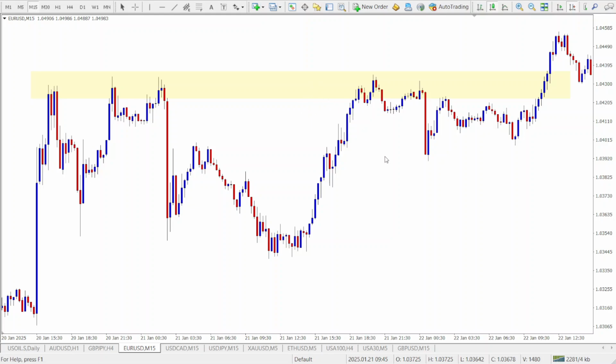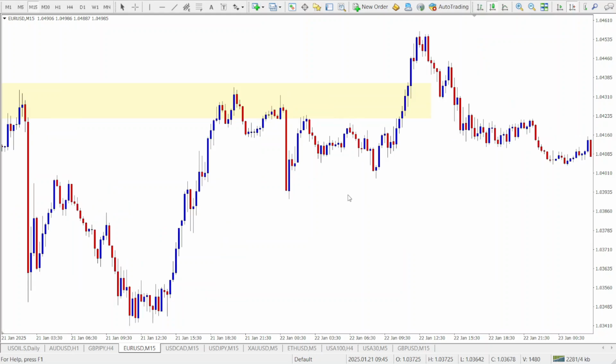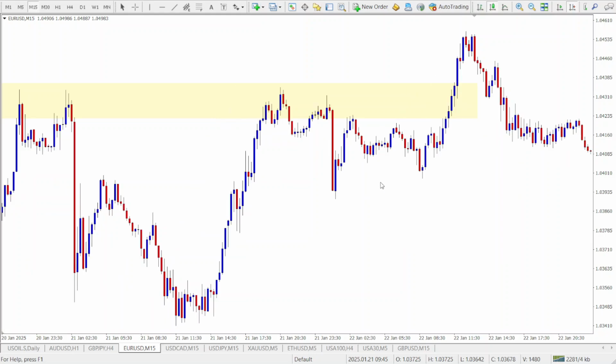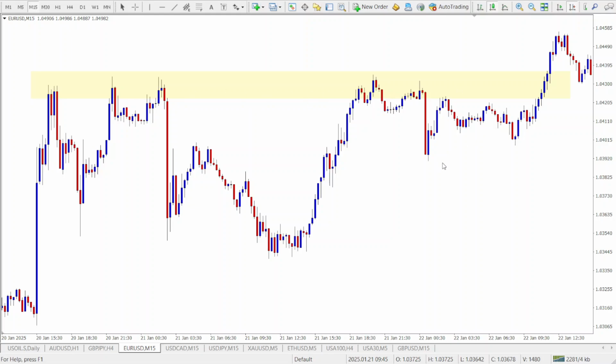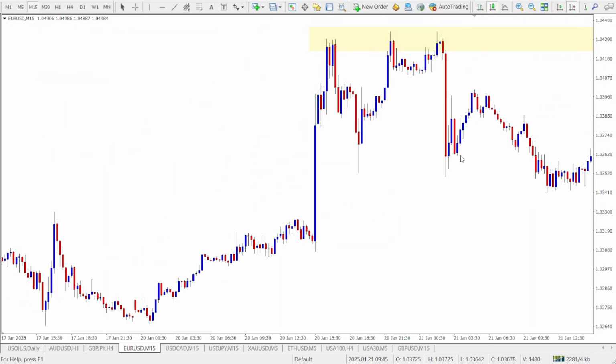On the flip side, a demand zone is where buyers have stepped in, causing price to bounce higher. Just like the supply zone is on top, demand zones are at the bottom.